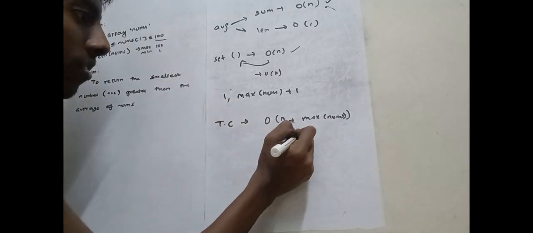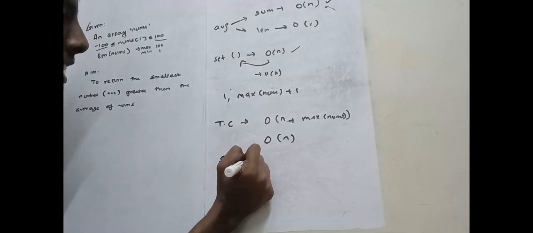So finally, this can be called O(n) itself, and space complexity is obviously going to be O(n), because at worst case all elements are going to be unique. That is, we are using a set over here. So this is a detailed breakdown of problem statement 1.